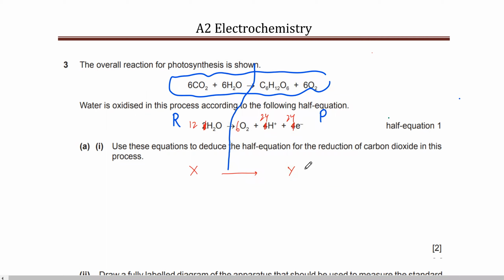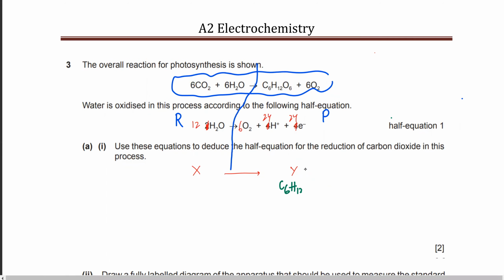That's probably coming from the second one, so glucose must be a part of this second equation. Where is CO2 coming from over here? This equation added up with the reactants in this equation gives you this, and this only has water. Where are 6 CO2s coming from? They must be coming from the second equation, the other half equation.